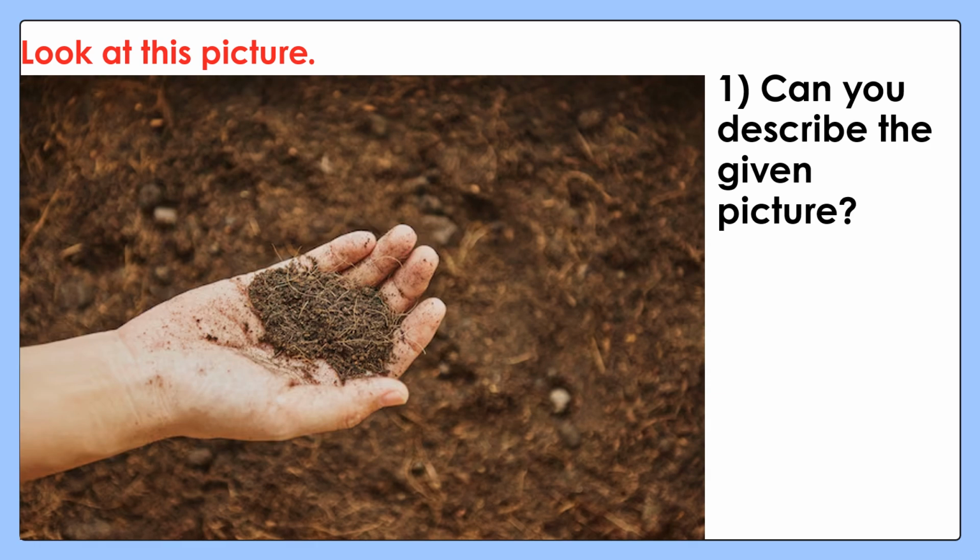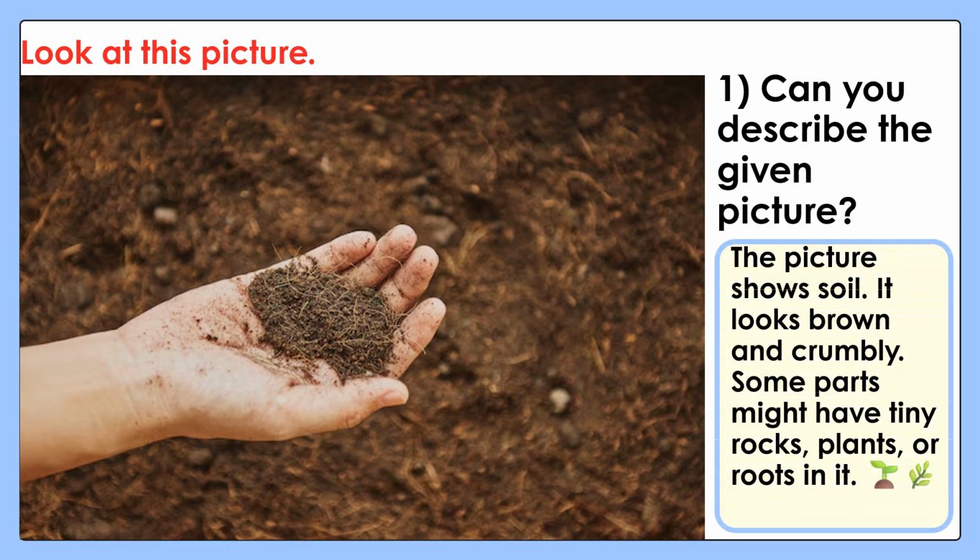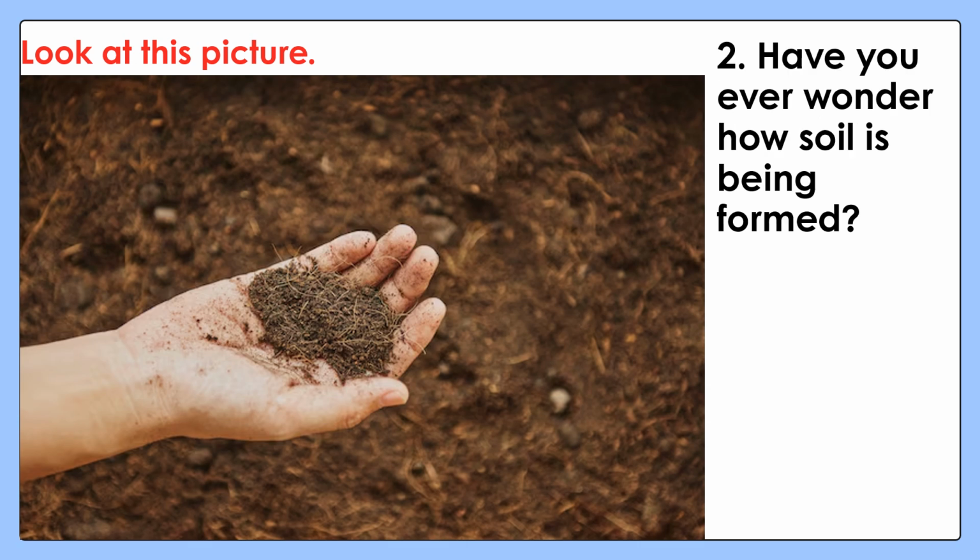Look at this picture. Can you describe the given picture? So the picture shows soil. It looks brown and crumbly. Some parts might have tiny rocks, plants, or roots in it. Have you ever wondered how soil is being formed?